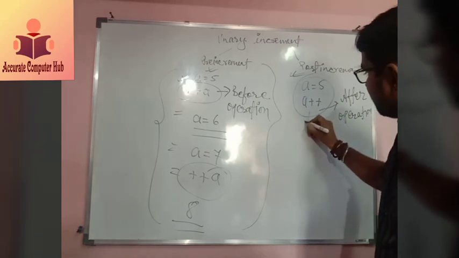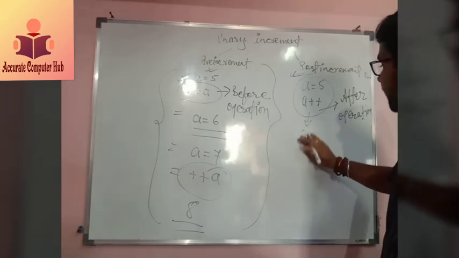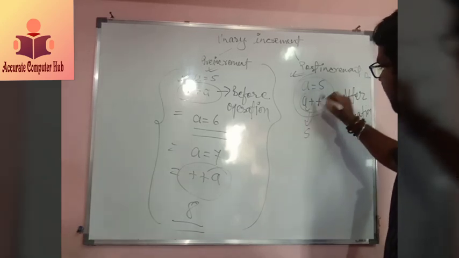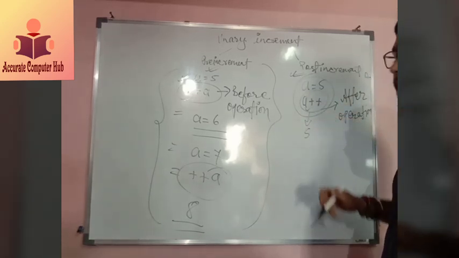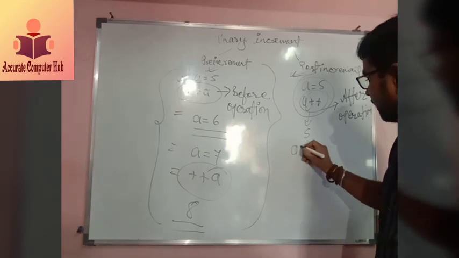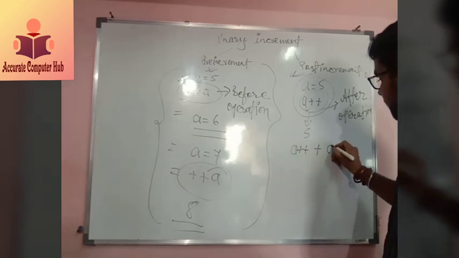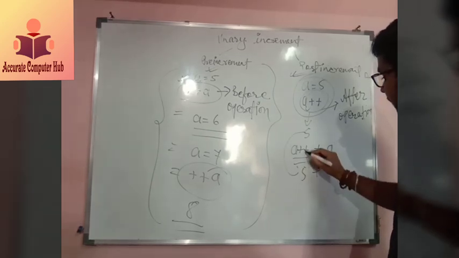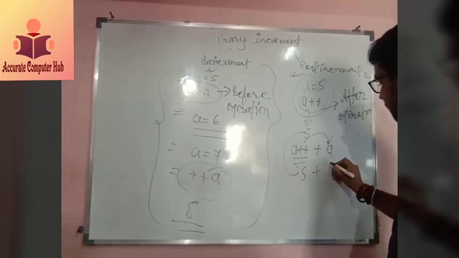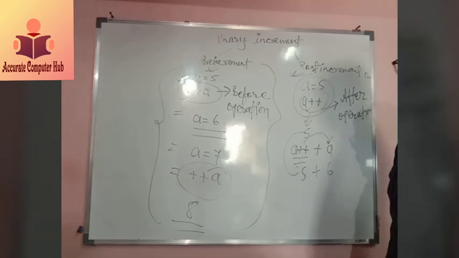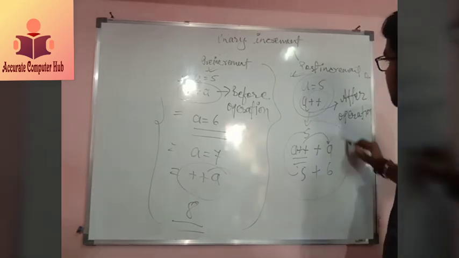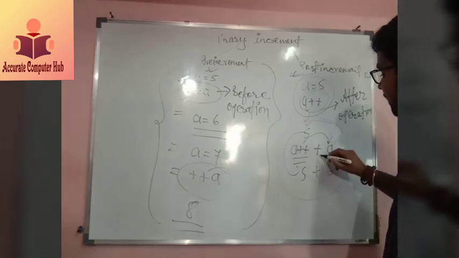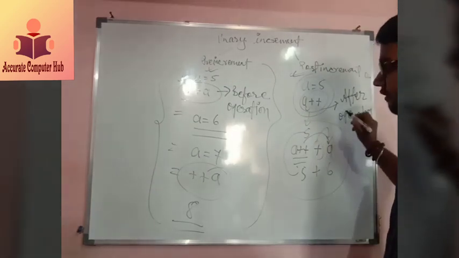Means here the value of a will be same, that is 5, but when a again comes, you have to increase the value of a. For example, a + a++. Here the value of a will be 5, and when again a comes, then the value of a will be 6. This is the example of post-increment, because the value of a increased after the operation of addition.